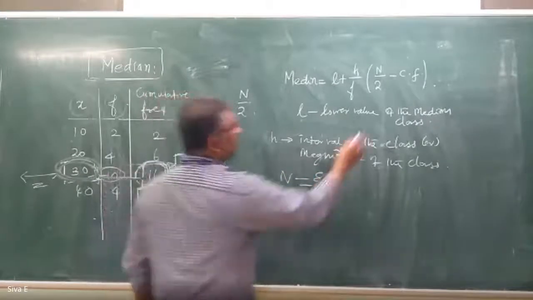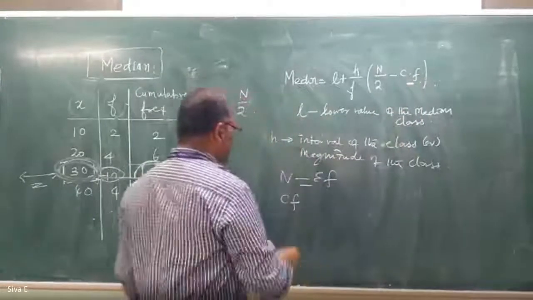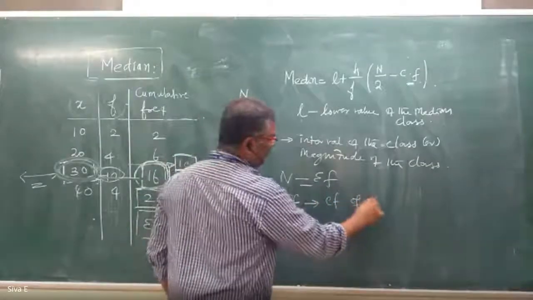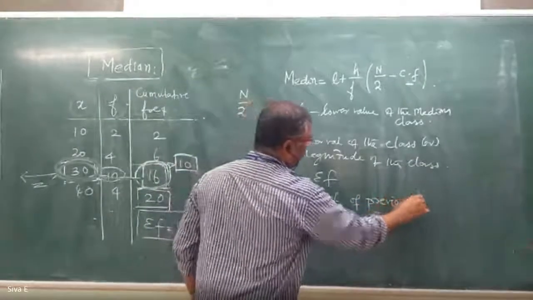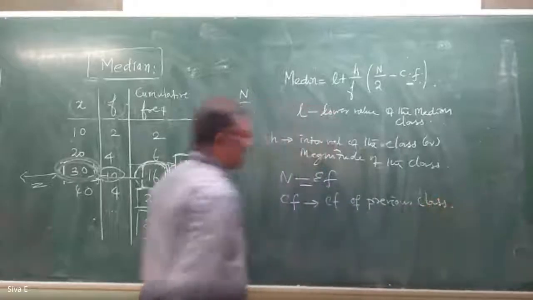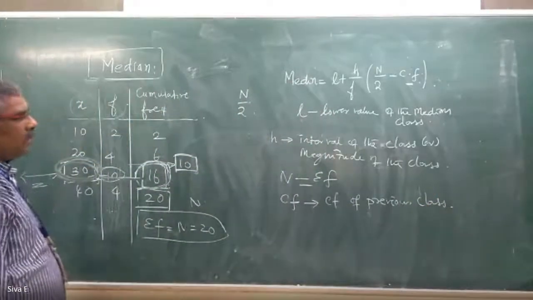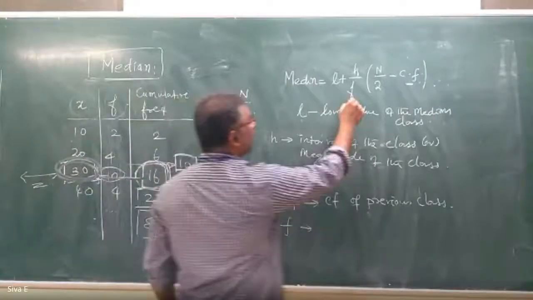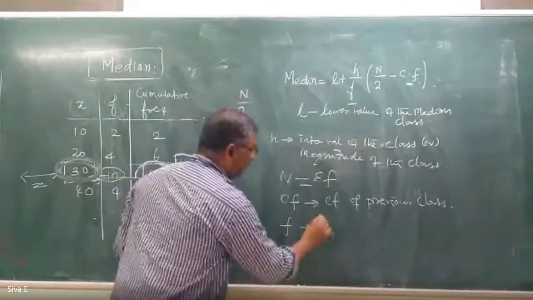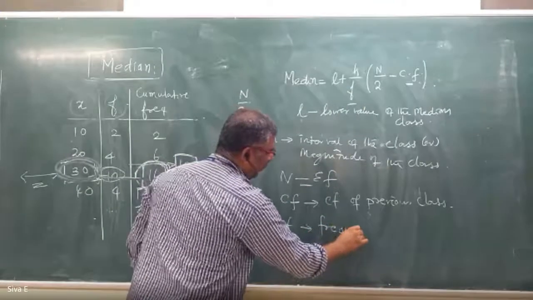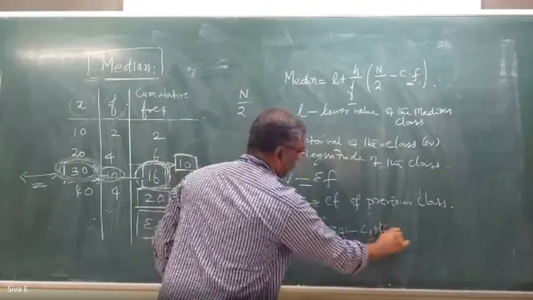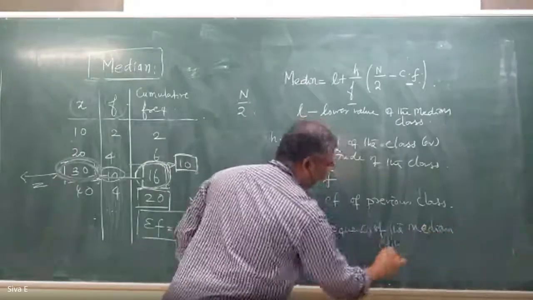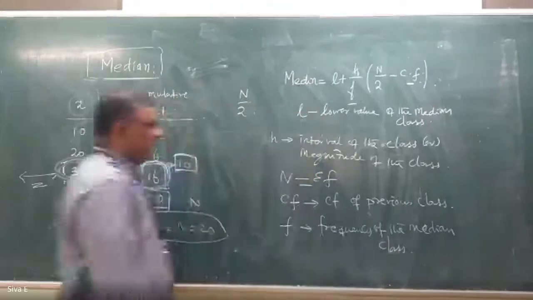Cf is the cumulative frequency of the previous class. And f is the frequency of the median class.